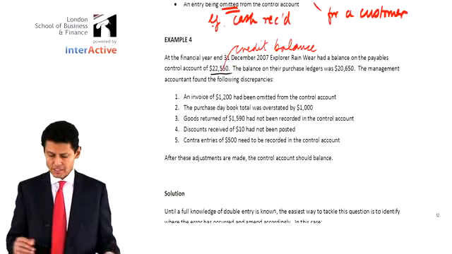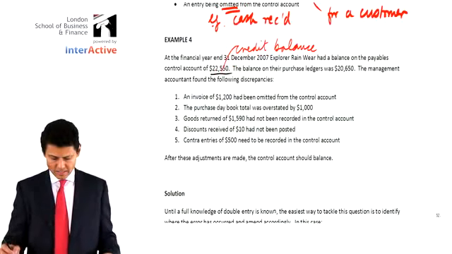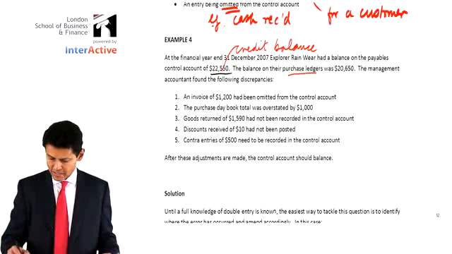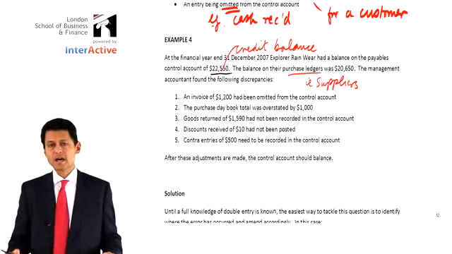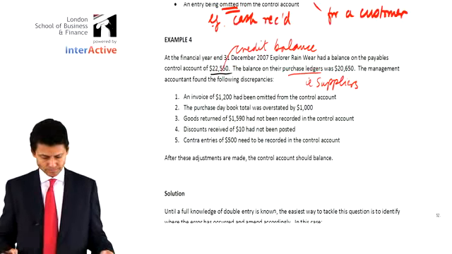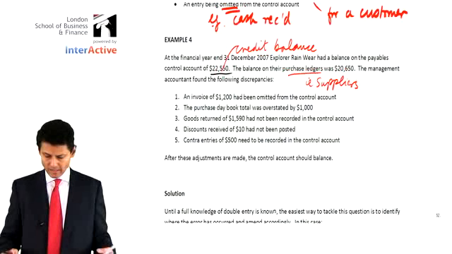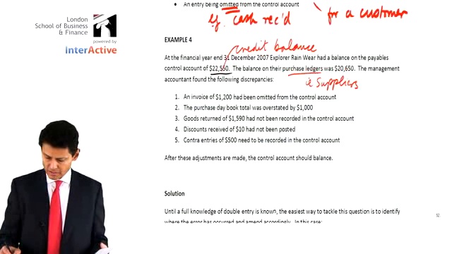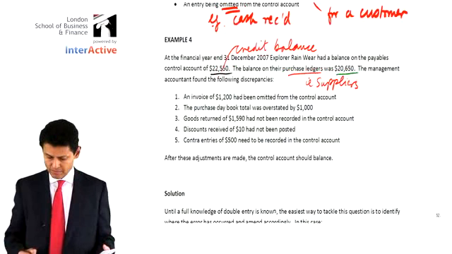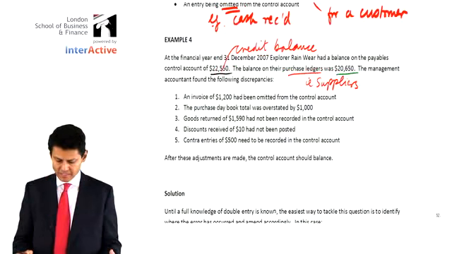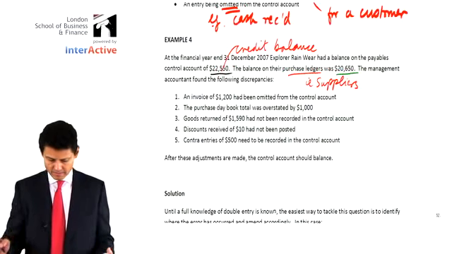The balance on the purchase ledger, which of course is the suppliers, was $20,650. So there is a difference, is there not? That difference is something like 1,900.